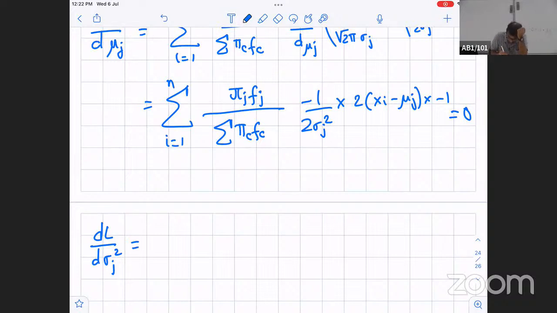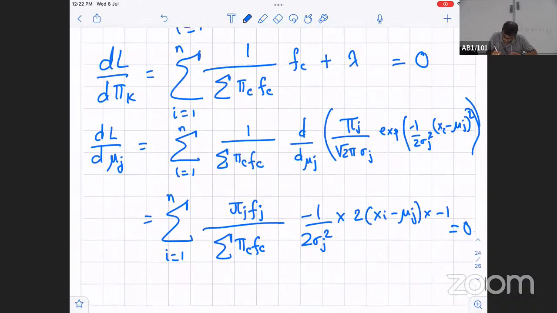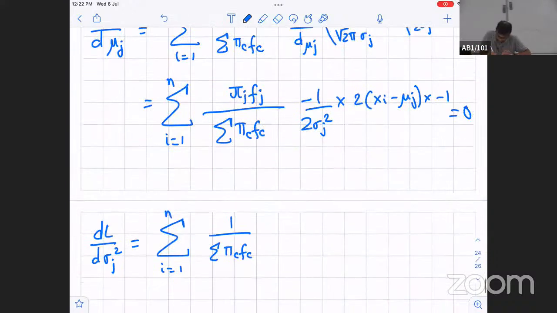Okay, so now when I take a derivative with respect to sigma j, what happens? That's what we have to see. Again, 1 over summation pi c fc. Now when I take d by d sigma j of that term, let me write it.